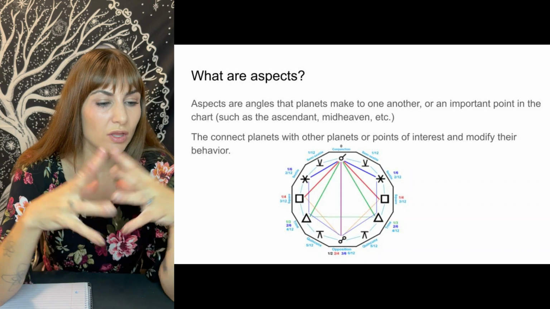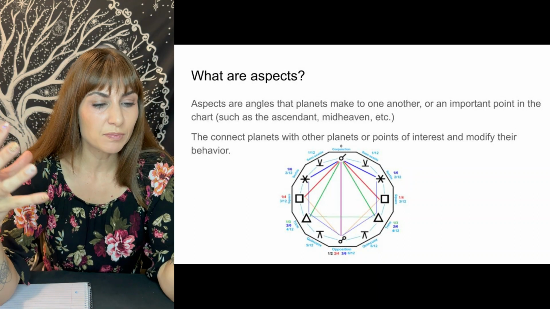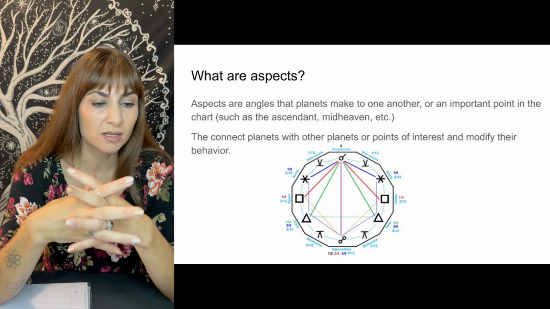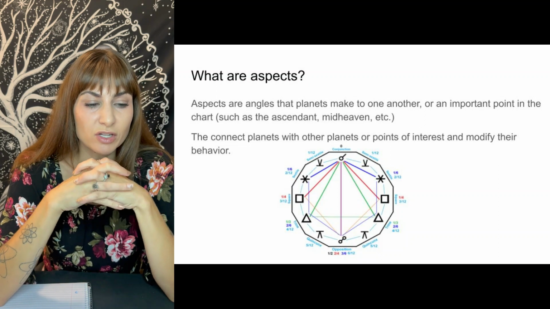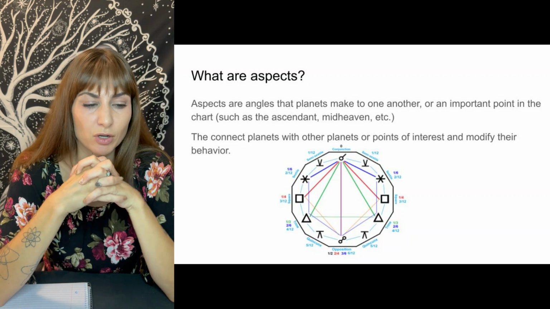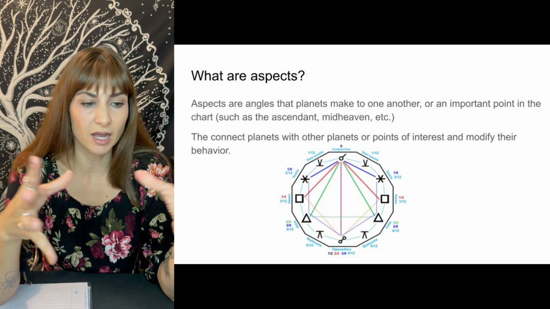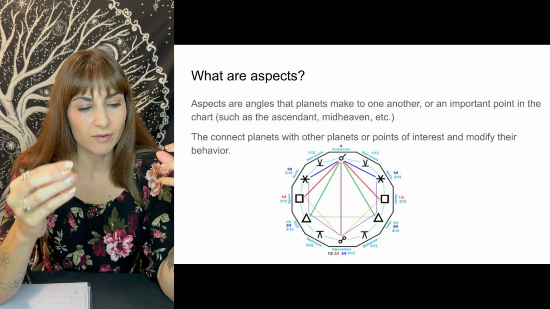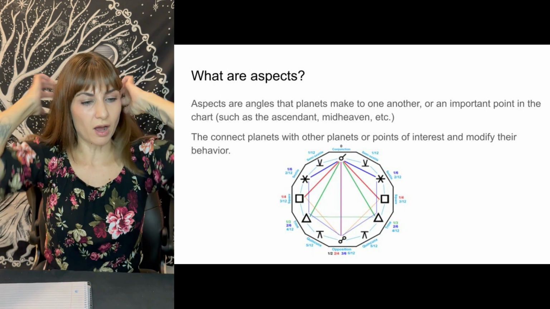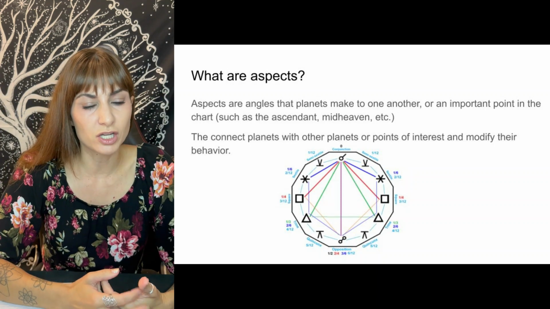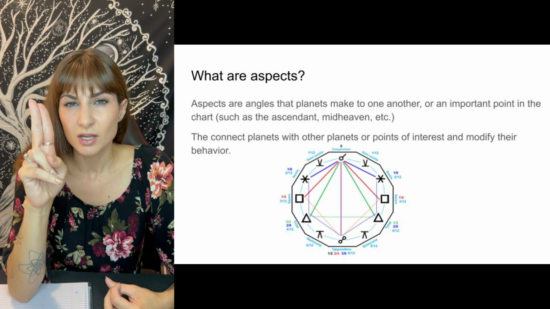Okay, so the connected planets or other points of interest in the chart will modify a person's behavior. Here in the slide you can see a quick glimpse, a visual of what the aspects are. A conjunction is when they are sitting next to one another.